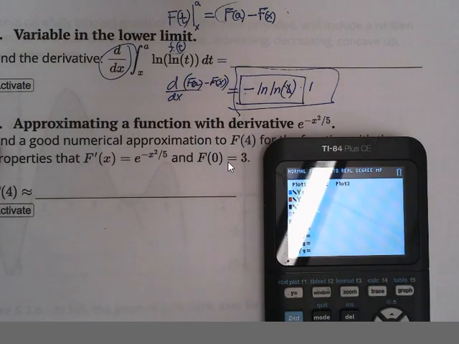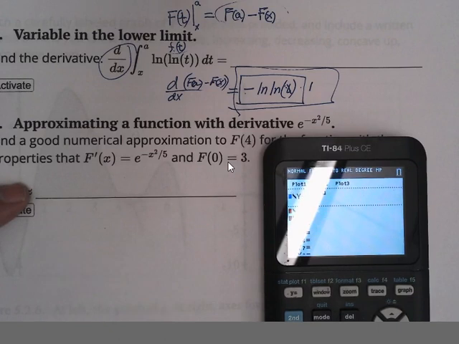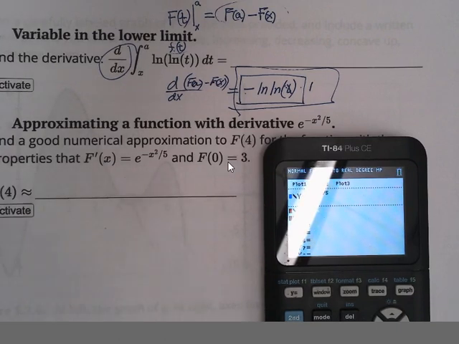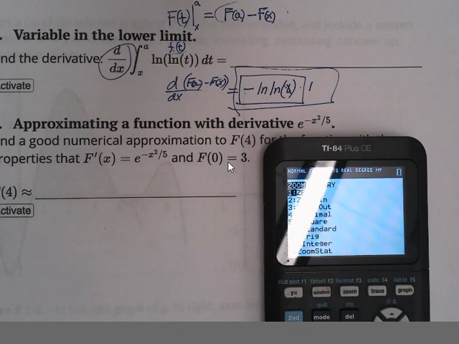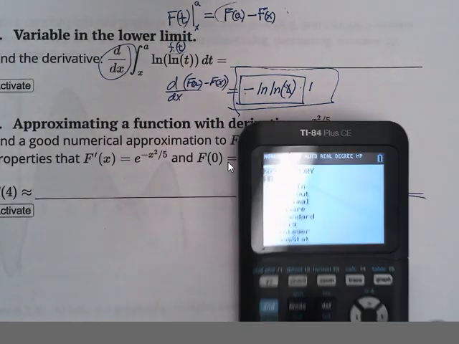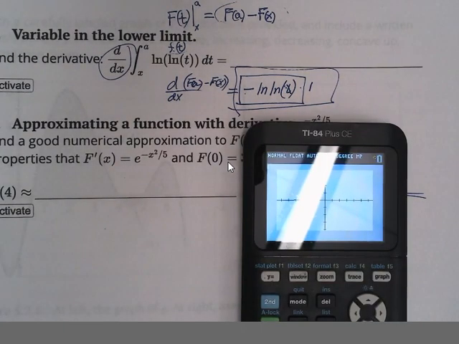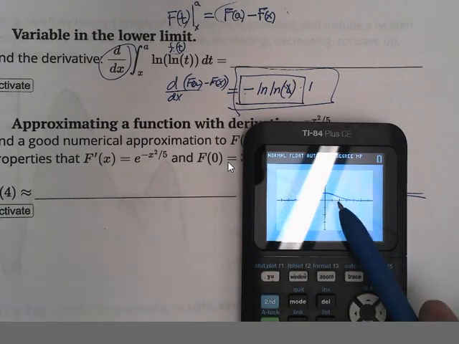So I got to graph e to the negative x squared divided by 5. Zoom, let's see, yeah, let's just go zoom 4. And so I got this screen.